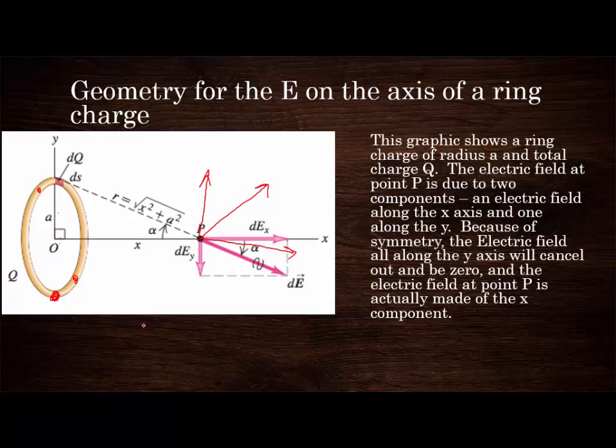This guy has a vertical component down, while this guy has an equal and opposite vertical component up. So all of your verticals will cancel out, and the only thing you need to worry about is what's going on in the x direction, because all of these x direction vectors from the electric field will add together to make one electric field going along the x-axis.